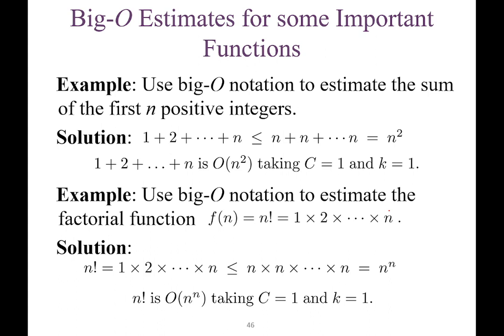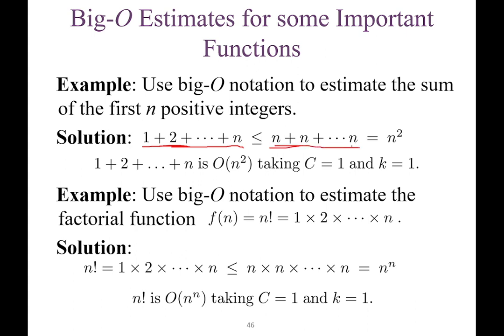Next, let's see some examples to calculate big O notations. For example, estimate the sum of the first n positive integers. When we calculate the summation 1 plus 2 plus 3 up to n, we can replace each term by n. So we have the inequality: the sum of the first n positive integers is less than n plus n plus n and so on.